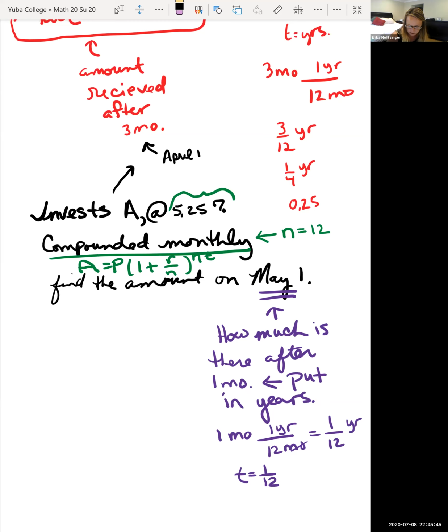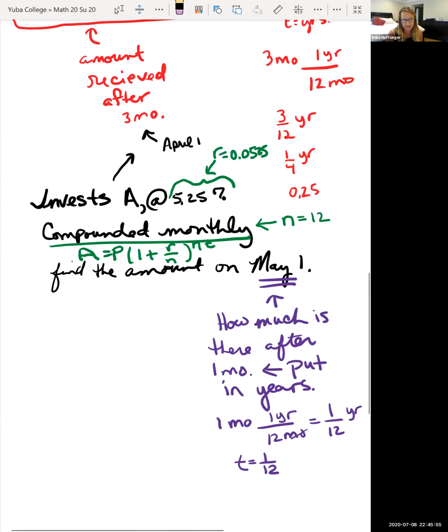R is equal to, in decimal form, 0.0525. And we know what T is. So we can go back in and plug this in.